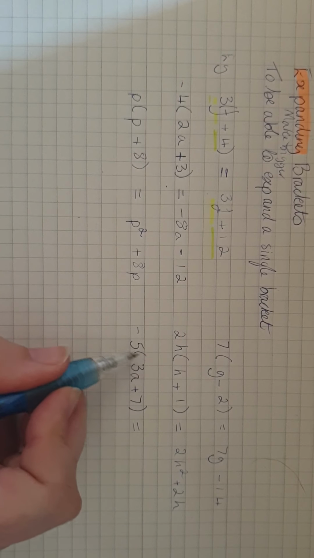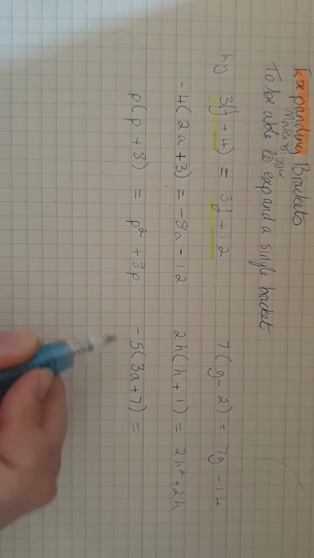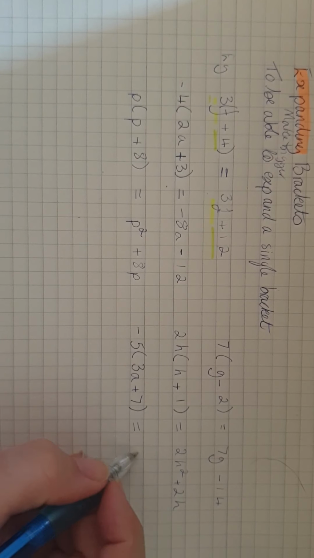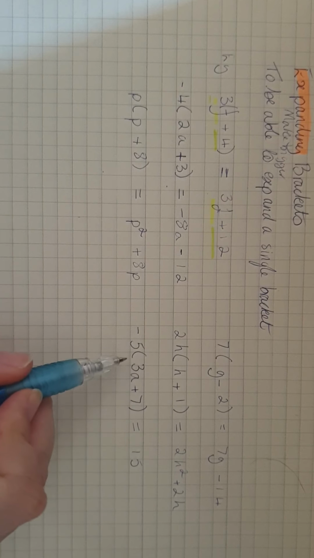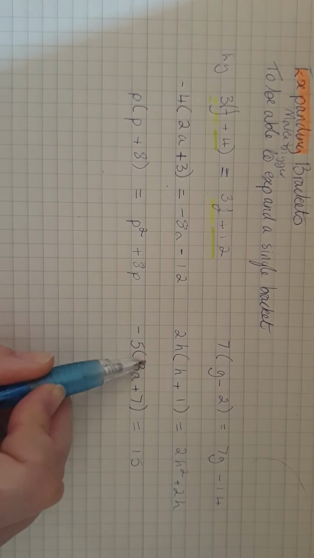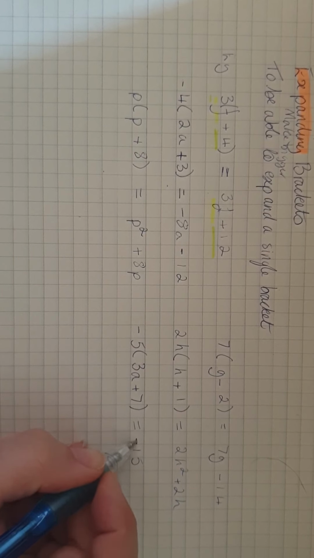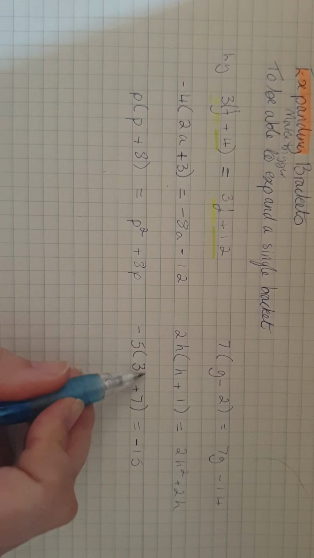Minus 5, open brackets, 3a plus 7. Well, 3 times 5 is 15, but it's not just 15, because we've got a negative here, and we know that a negative times a positive is a negative. And again, we've got the letter a here.